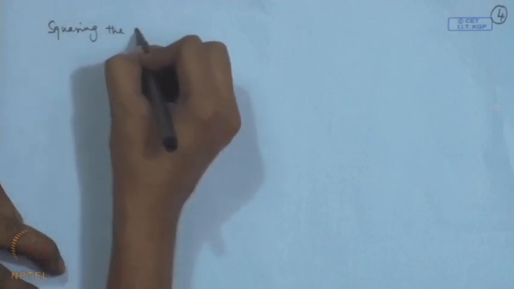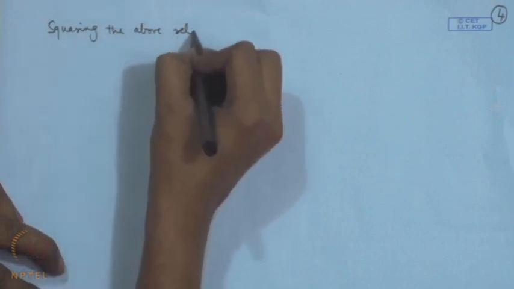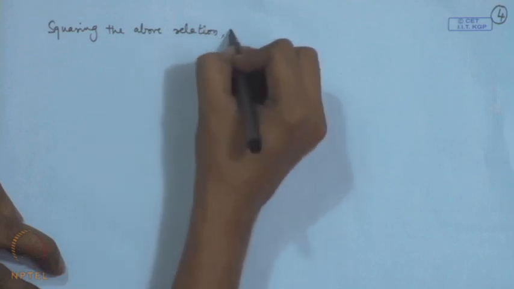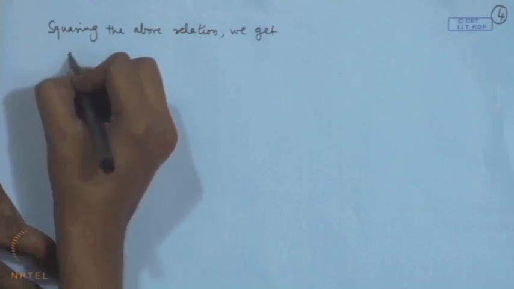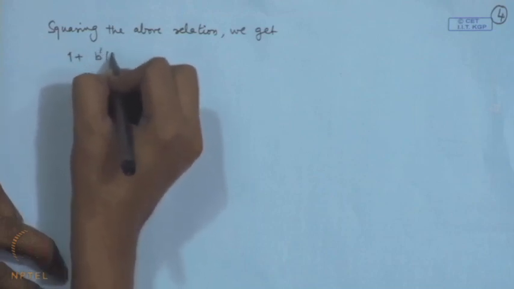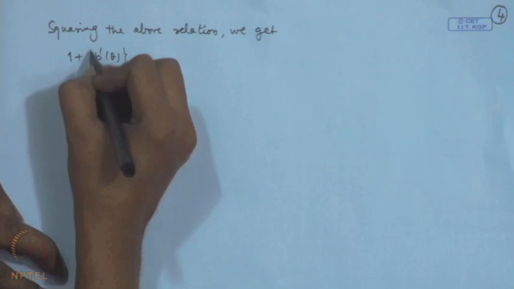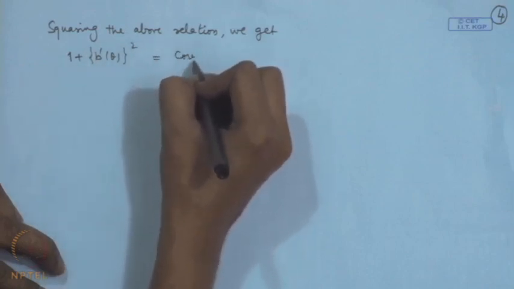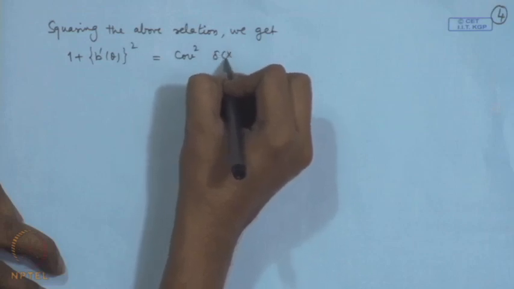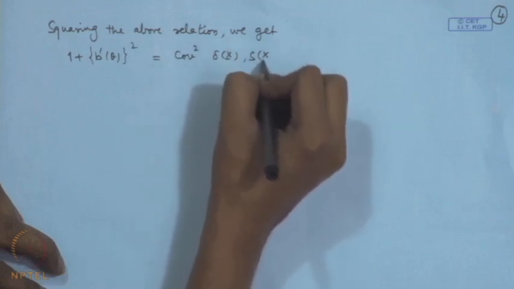Squaring the above relation, we get 1 plus b prime theta whole square is equal to covariance square of delta x and S x theta.